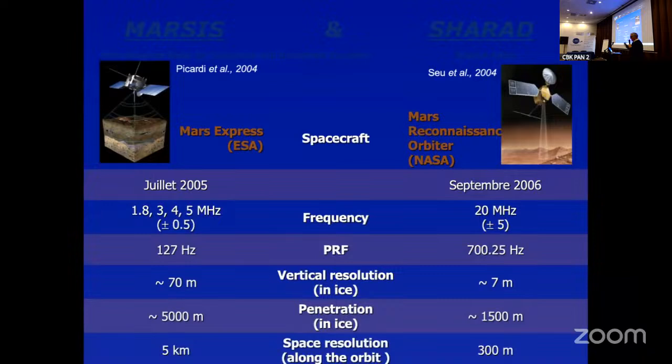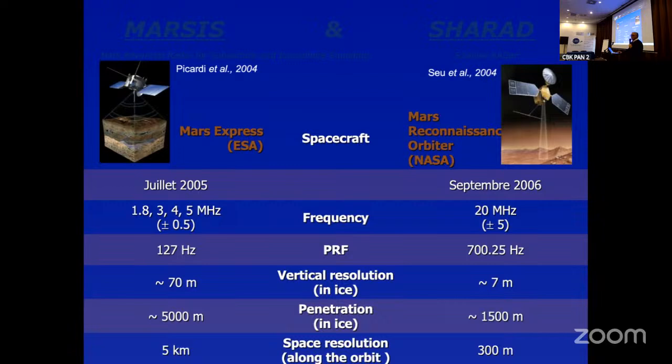Okay, going back to the radars we have today. Marsis is a radar which was sent on Mars Express in 2003, but the radar antenna was opened in 2005, because after accepting the mission, ESA started to be afraid of the antenna.